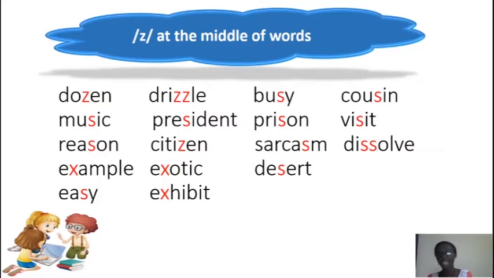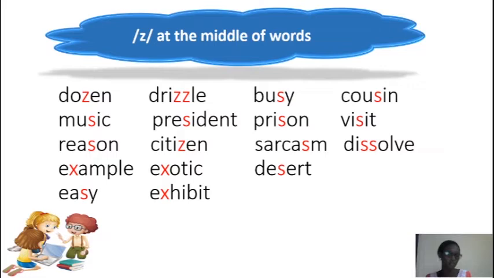Now that word example again, we have letter X. If you listen to the word again, example, you notice that the X is actually having two consonant sounds. You have the G and then Z. So X is having two sounds there. We have G and then Z coming together. Then we have exotic, the same thing.